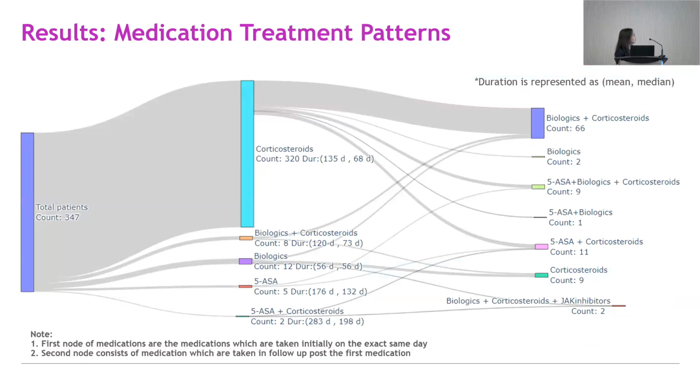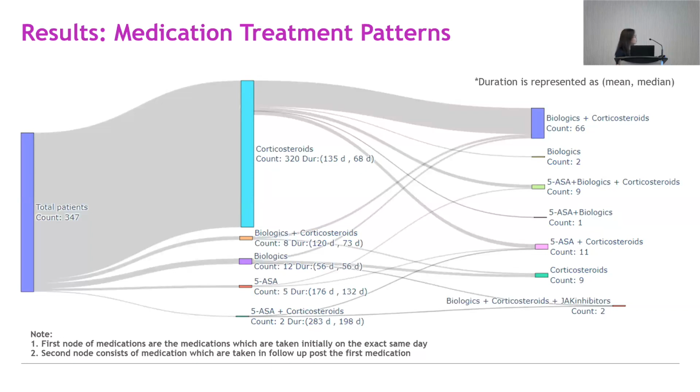Here are the medication treatment patterns. For this part we generally used the Sankey chart approach. In this cohort of 347 patients, 320 patients started with corticosteroids treatment, and around 1/4 of the patients later also received biologicals or 5-ASA.